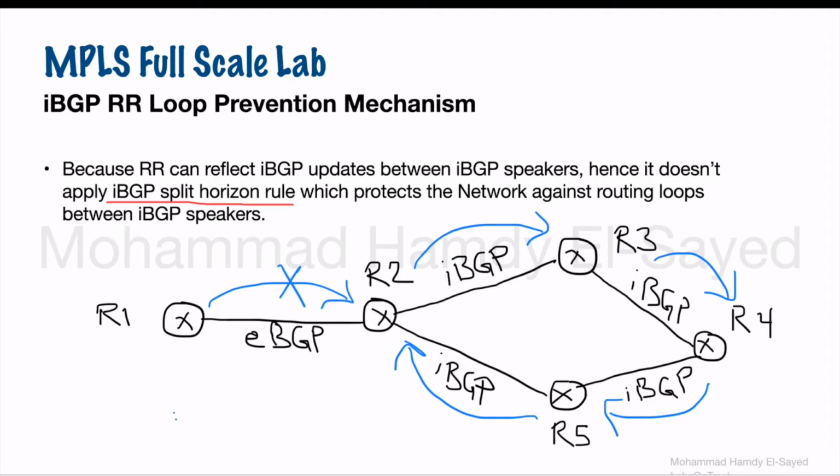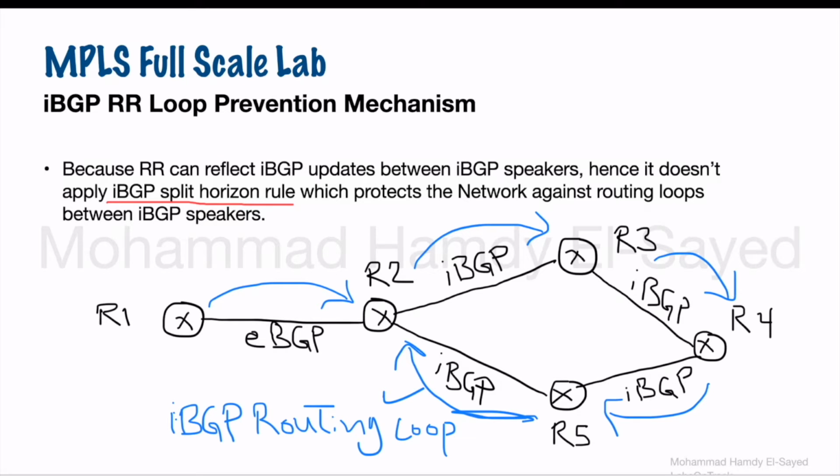If for some reason R1 stopped sending this eBGP update to R2, R2 would accept the iBGP update coming from R5 about the original network. Therefore, an iBGP routing loop would occur between R2, R3, R4, and R5. To prevent this issue, the split horizon rule must be applied.